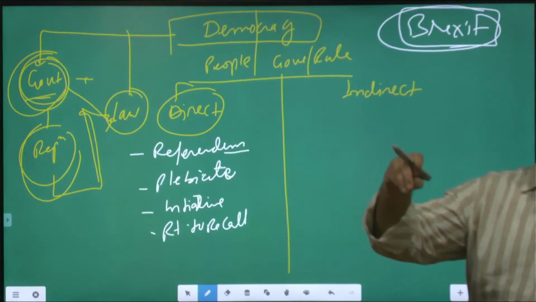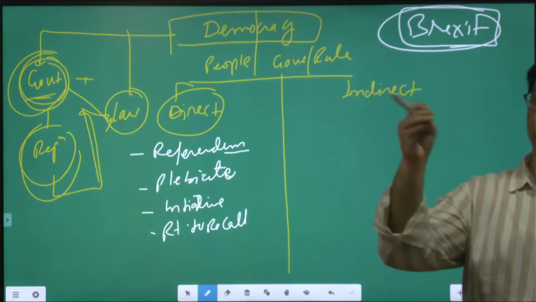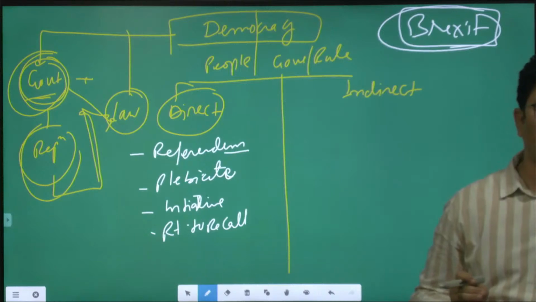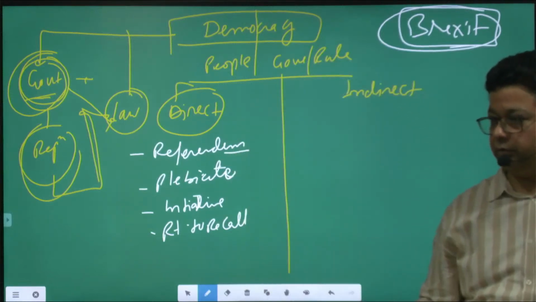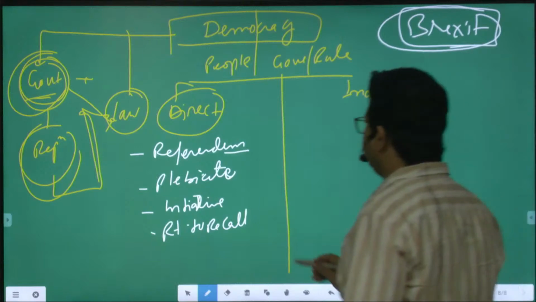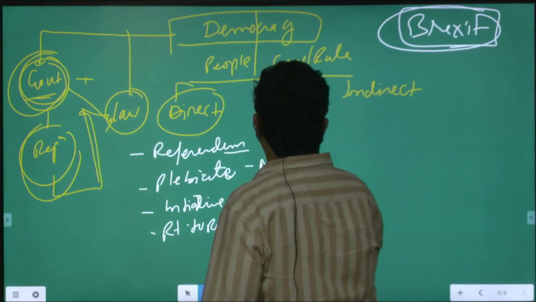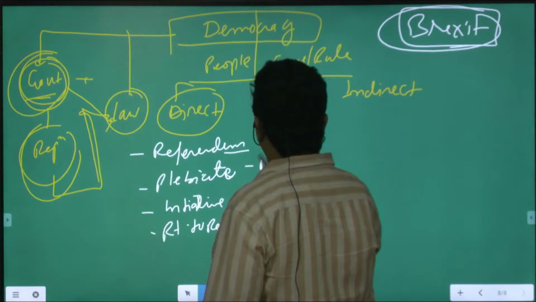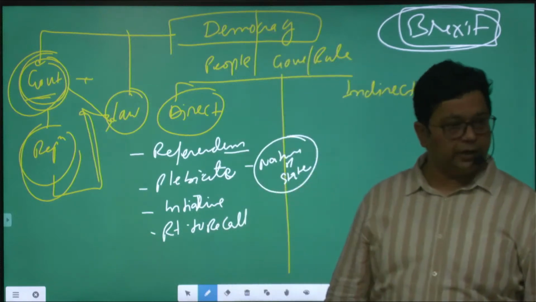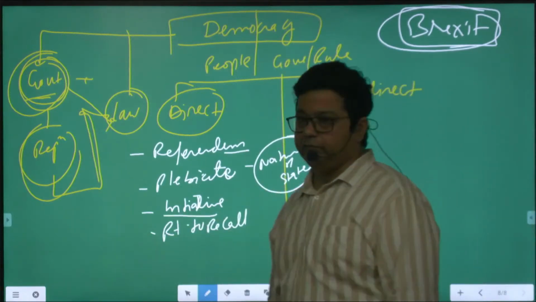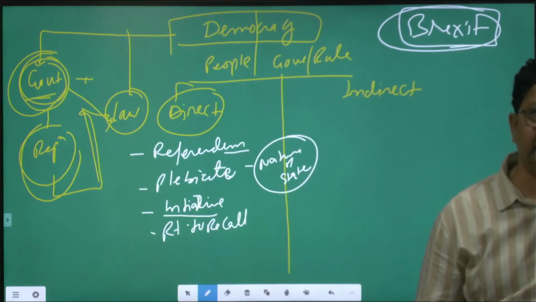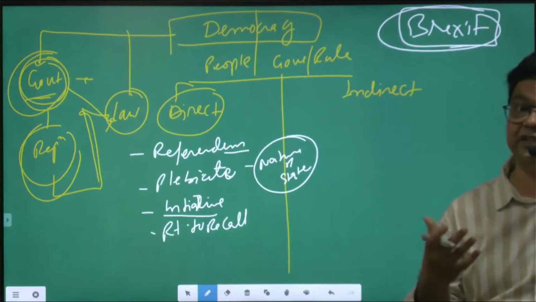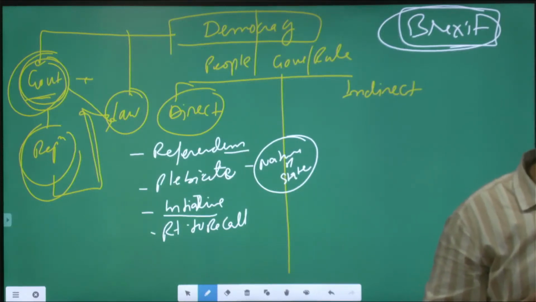Next is plebiscite. What is plebiscite? Plebiscite is also a choice made by the people about which type of state they want, whether they want to continue with a union or form their own state. So the nature of the state is decided by plebiscite. Right? Now what is initiative? As the term suggests, initiative means to initiate. Initiate what?